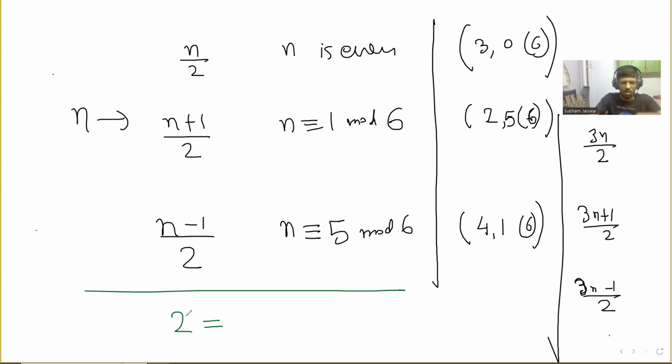But now let us see if we take, yeah, I think it's not going to work because, wait. N is equal to 3 mod 6.